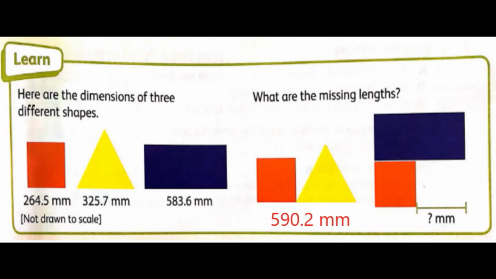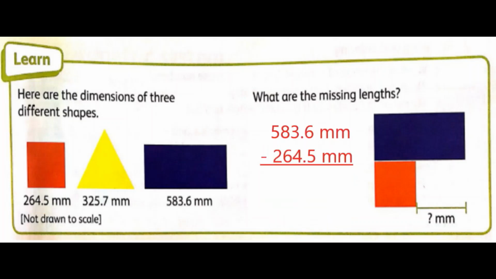We know the rectangle's dimensions are 583.6 millimeters. So we're going to simply subtract that measurement from the square, which is 264.5 millimeters, in order to find out what the missing measurement is that they're showing here. That's how we're going to figure out the measurement for that missing part.